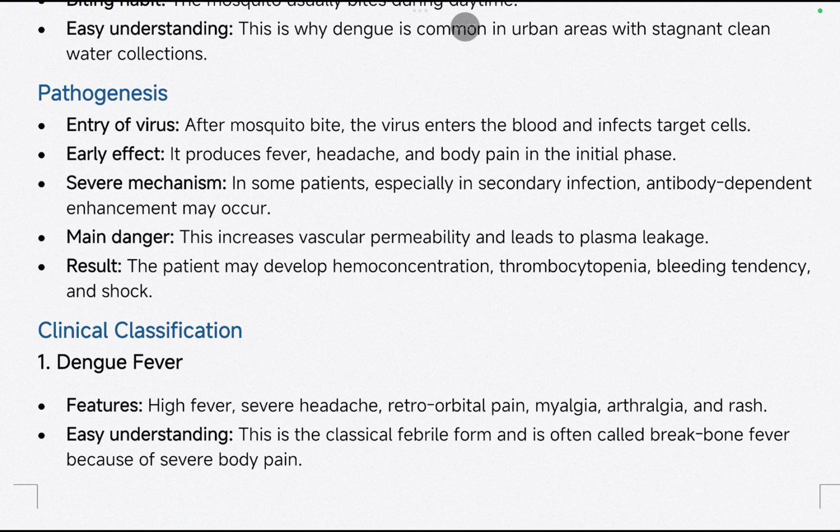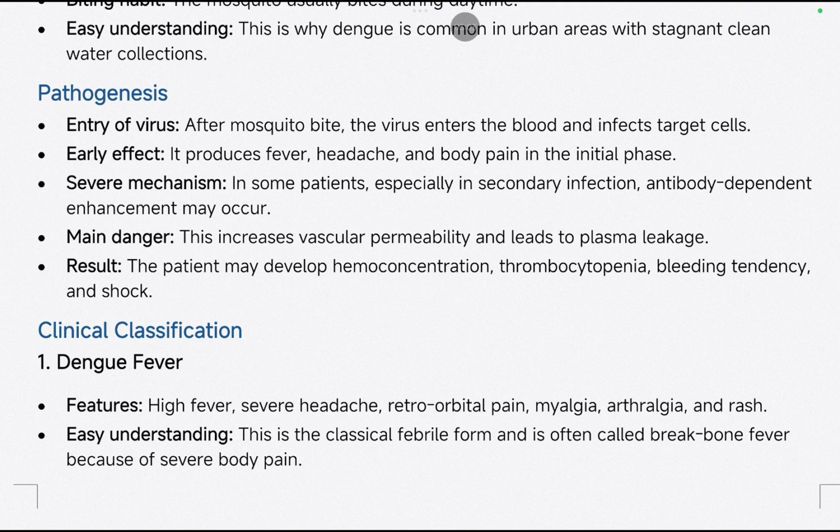Okay, and it shows antibody dependent enhancement. What happens is that these antibodies help the virus enter the cells. The virus is already present in the blood. Now, with the help of antibody dependent enhancement, these viruses are able to enter cells and cause severe complications.